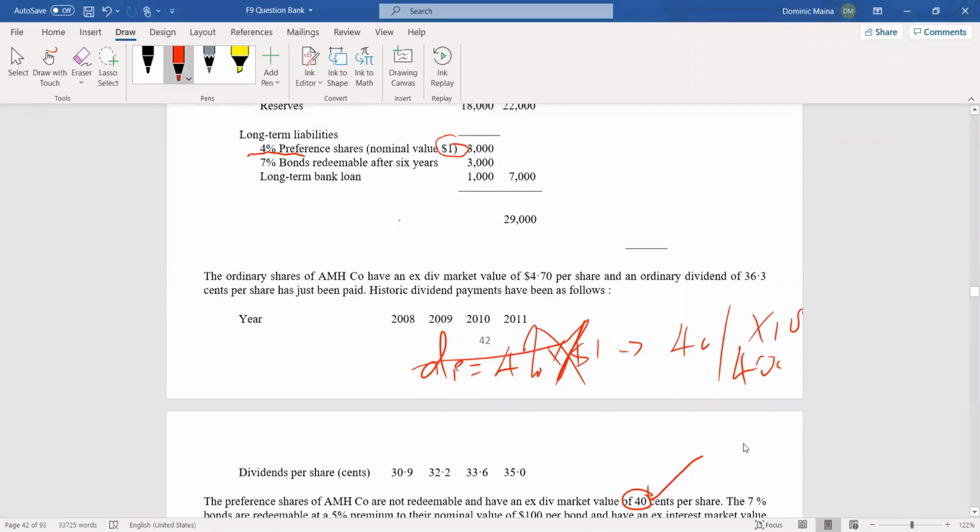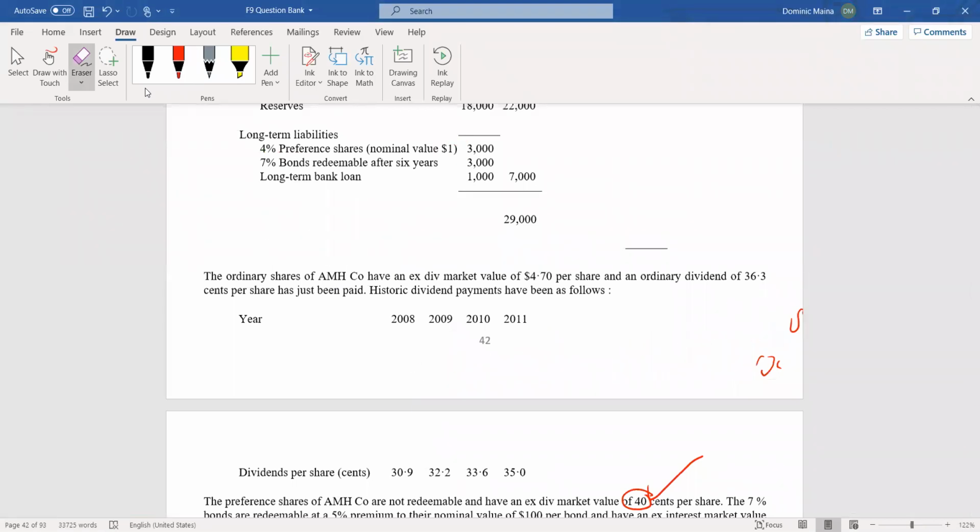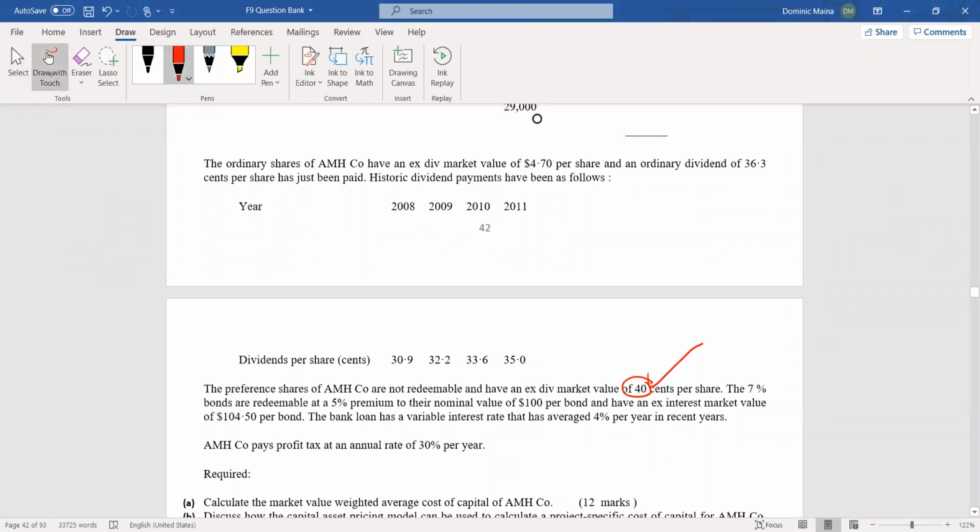The interest pays a 7% nominal value. The nominal value is 100 and the market value is 104.5.